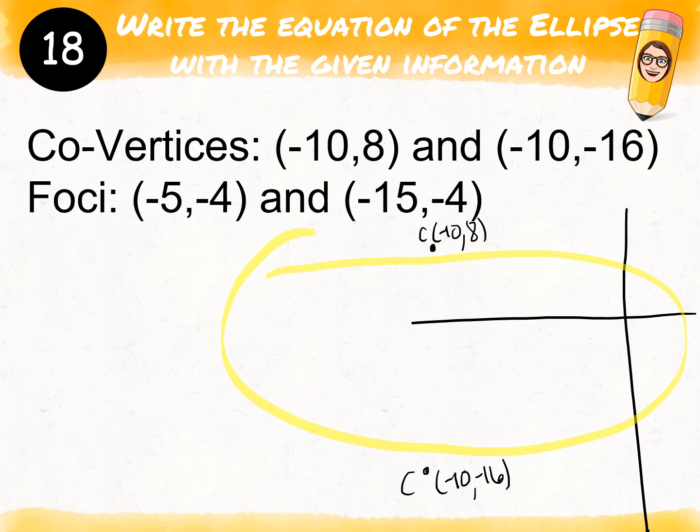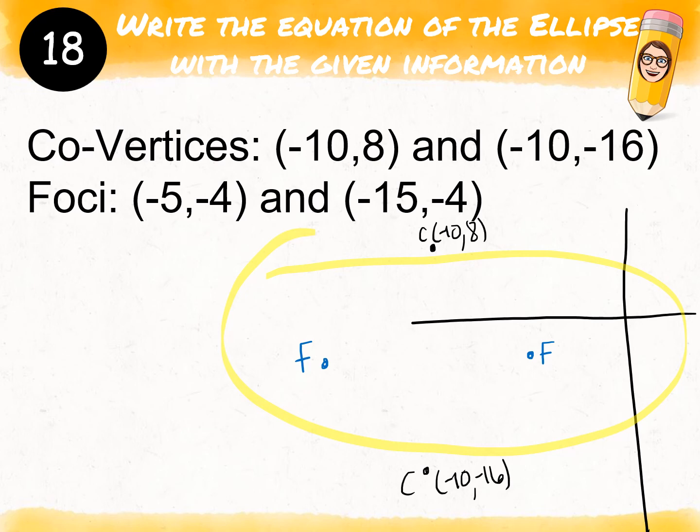Foci. Oops, let me get back to my pen. My foci are at negative 5, negative 4, and negative 15, negative 4. Kind of makes sense with the little picture I created in my mind.